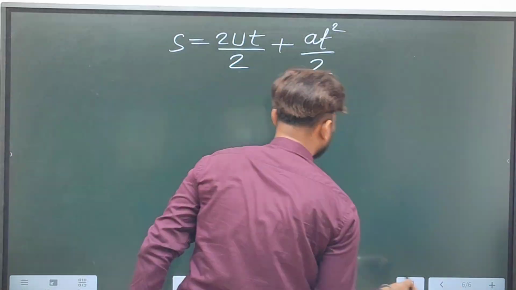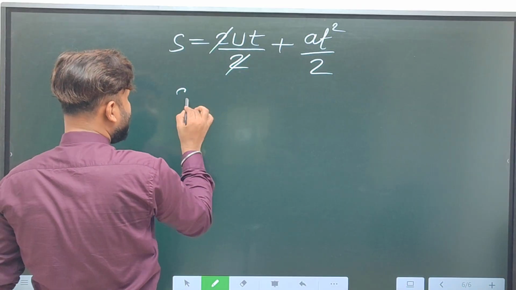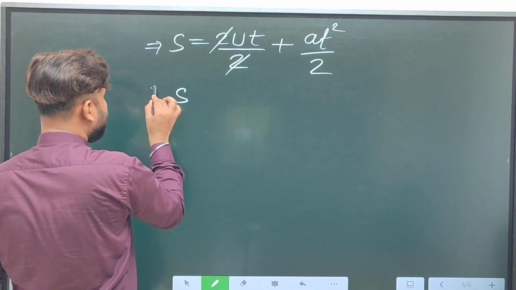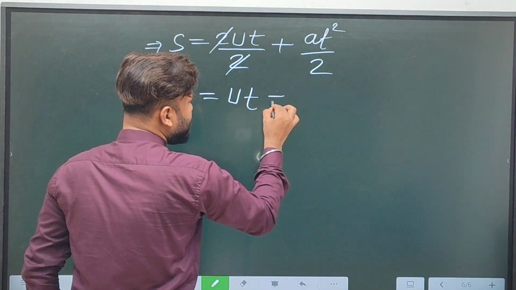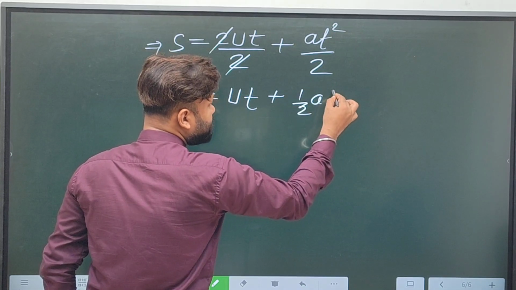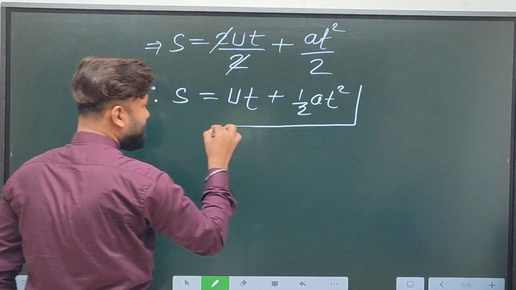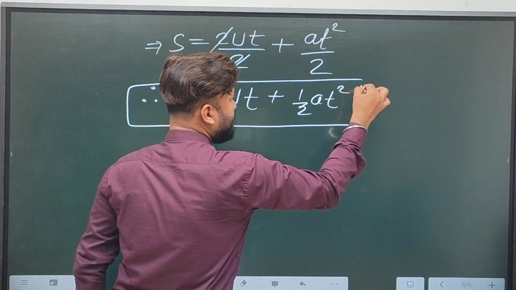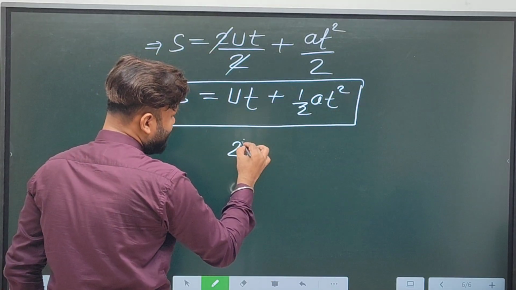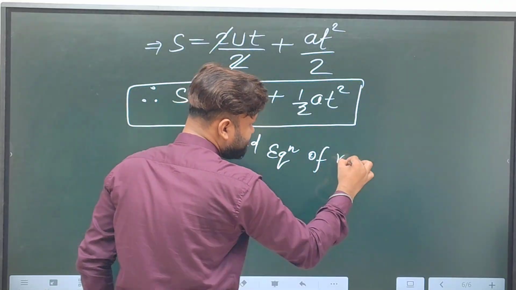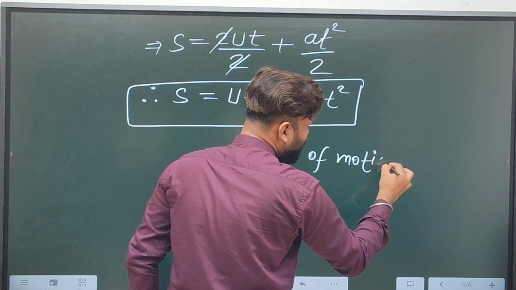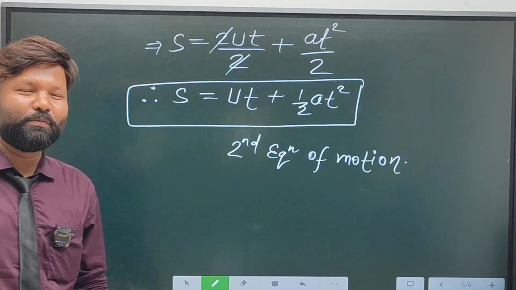So here 2 and 2 get cancelled, so s is equal to ut plus half at square. This is the second equation of motion, students.